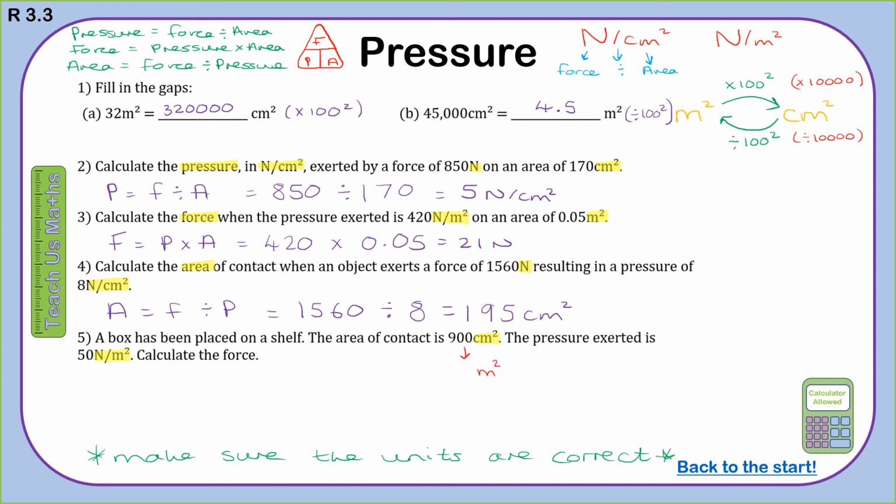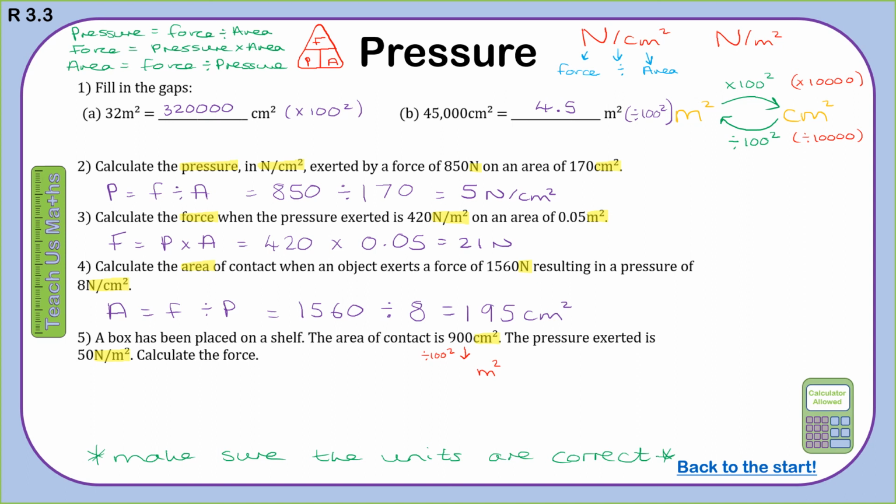At the moment they don't match, therefore we need to make them consistent. To change centimetres squared into metres squared, I need to divide by 100 squared, so I'm dividing by 100 and then 100 again, or dividing by 10,000.